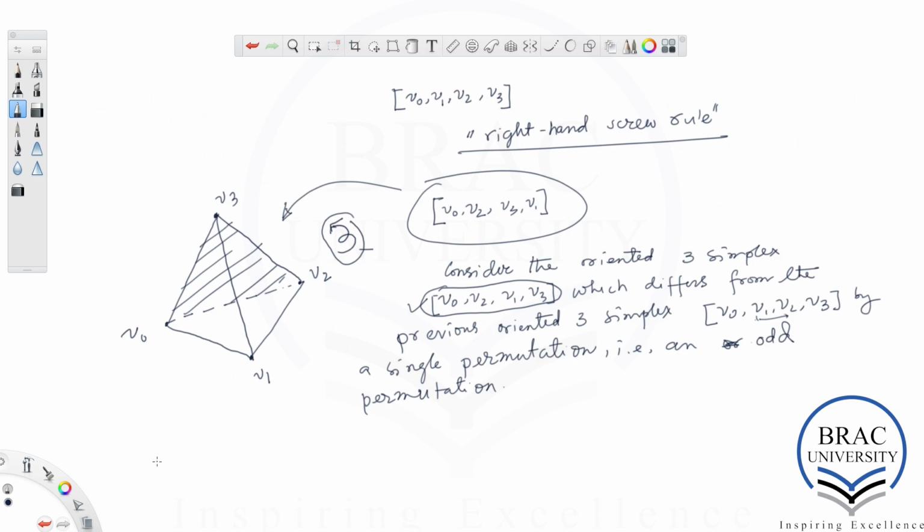So this is the same picture, V0, V1, V2, V3. Again, I'm missing it, I should draw this face by a dotted line.